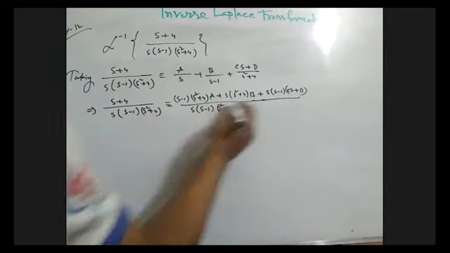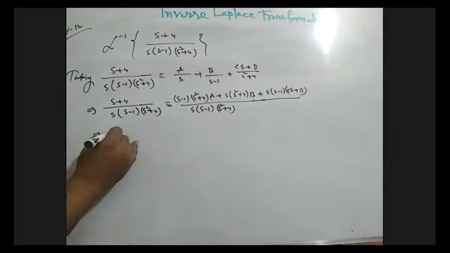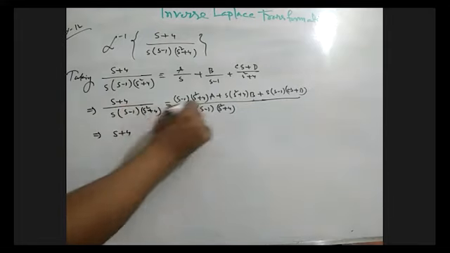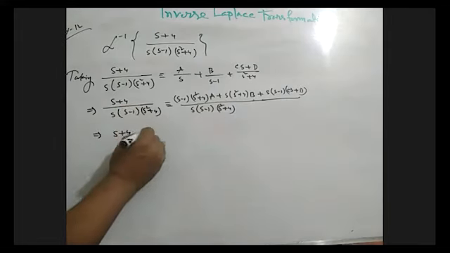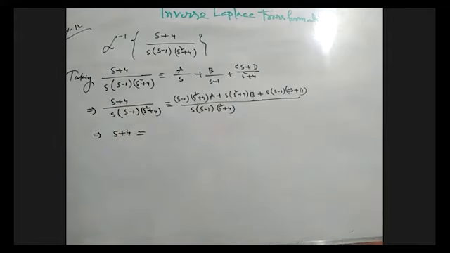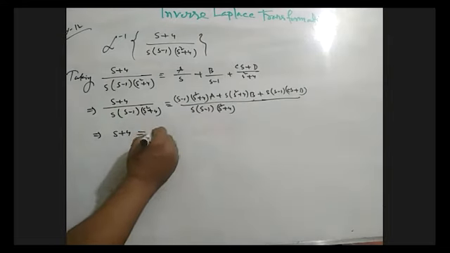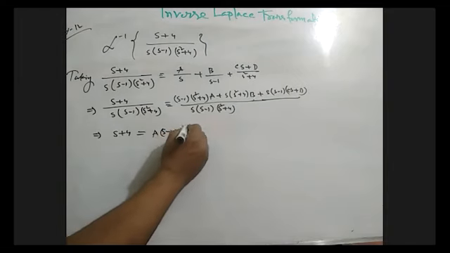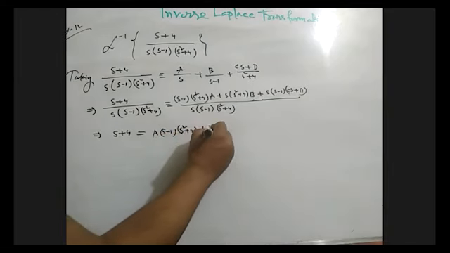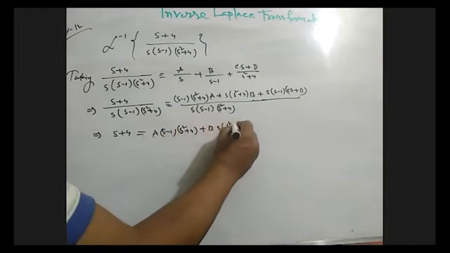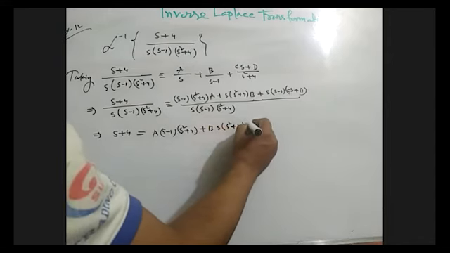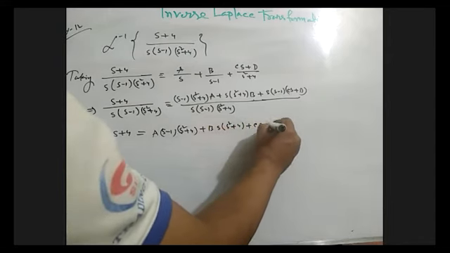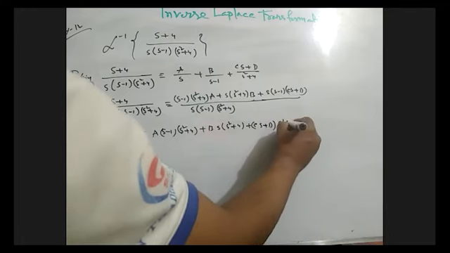Okay, from both sides the denominator will be cancelled. So s plus 4 equals a into s minus 1 into s square plus 4, and b into s square plus 4, plus cs plus d into s minus 1.